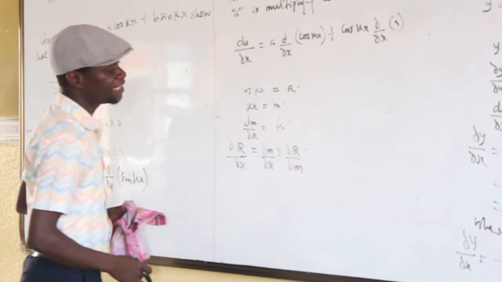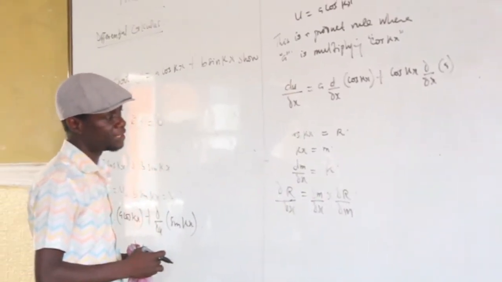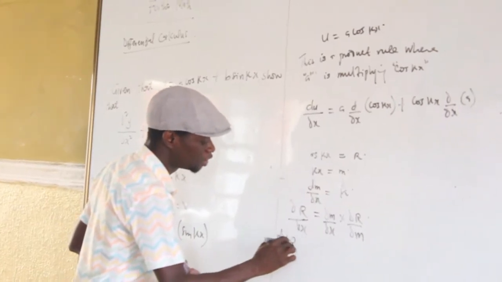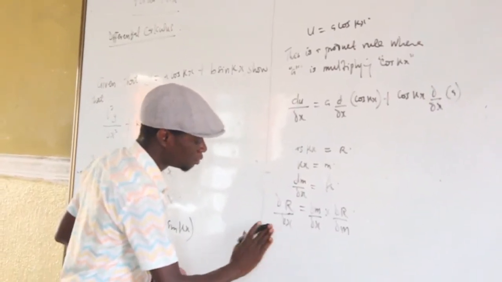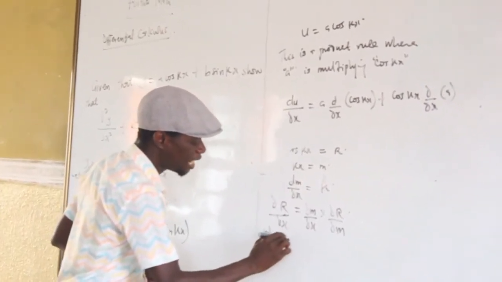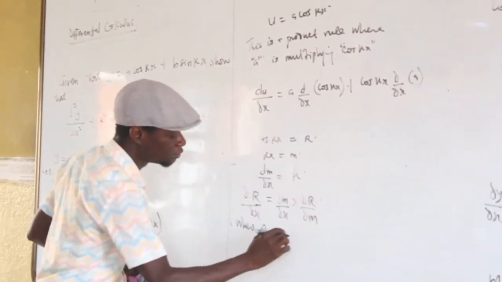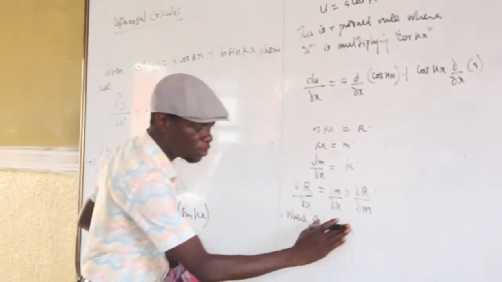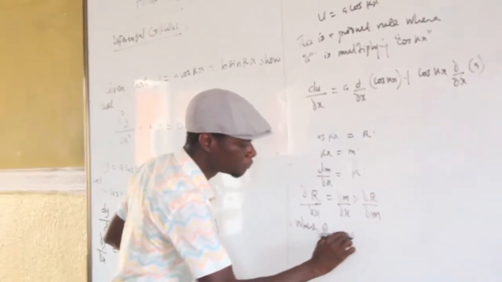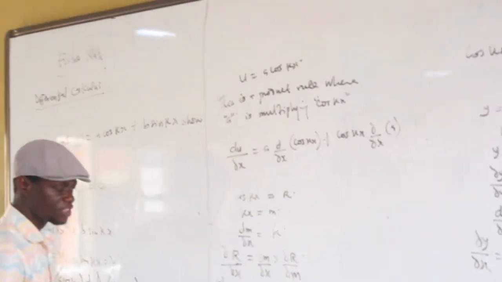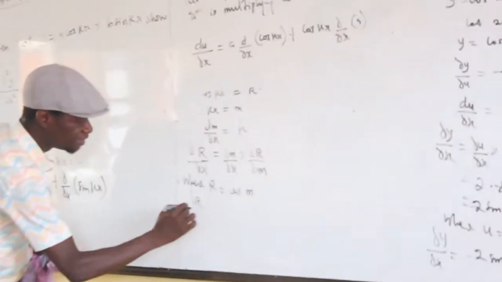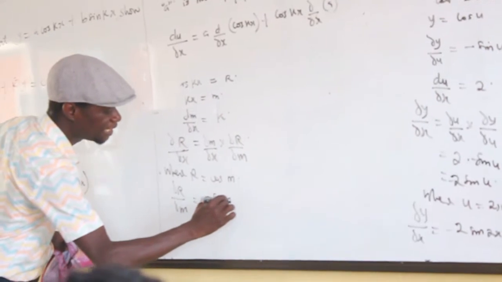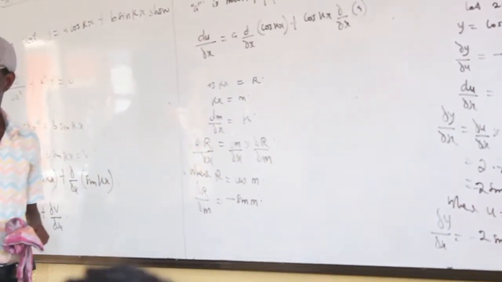So we need to find dr/dn here. Are you getting what I'm trying to do? Because r is equal to cos n. So dr/dn is going to be what? Minus sin n. Are you getting what we are trying to say?